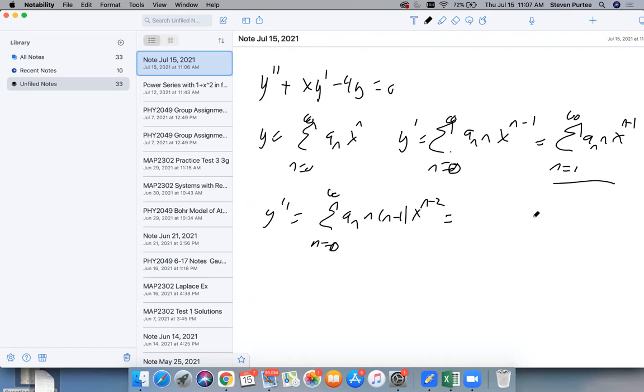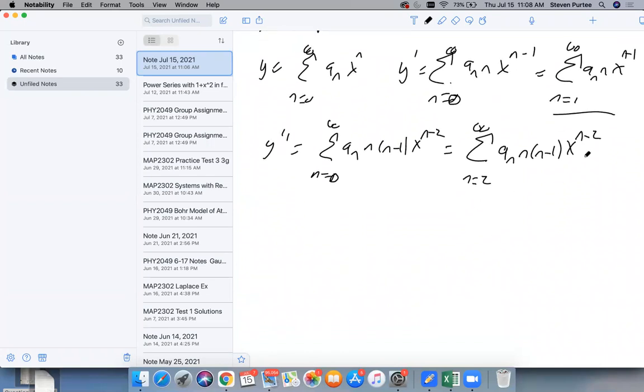Well, first, the first two terms are 0, so I could, if I wanted to, just start counting at 2, since the first 2 were 0 anyways. And then I could raise all these up by 2 and drop him down by 2. I forgot to do all that. Hold on. I said I was going to do it, and then I didn't do it. Drop this down by 2, raise all these up by 2.